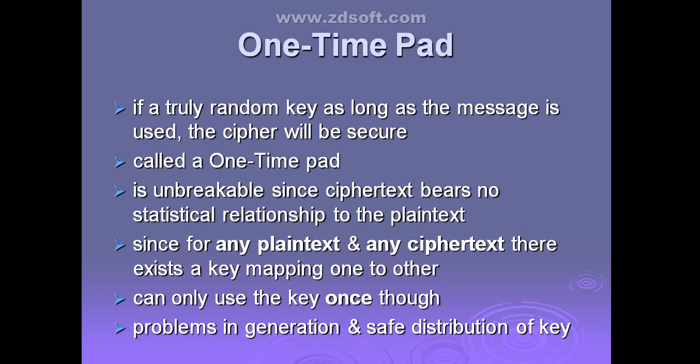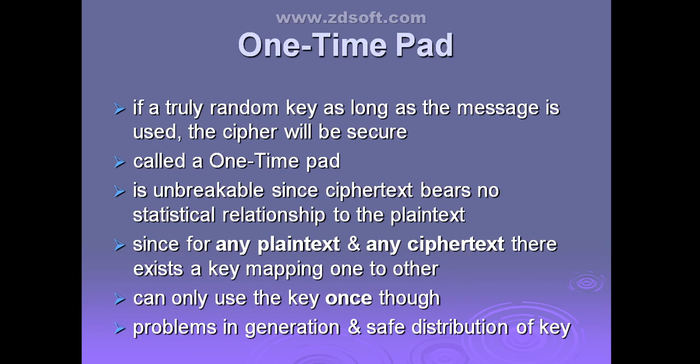But there are some problems with respect to the one-time pad. There are some fundamental difficulties we are going to face in the case of a one-time pad. What are the difficulties? First one is, you need to make large quantities of random keys.